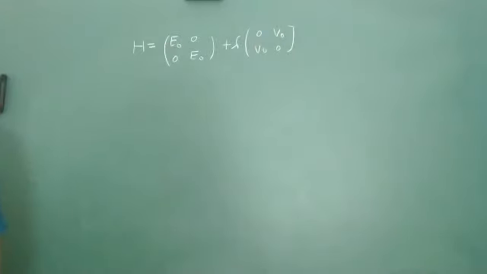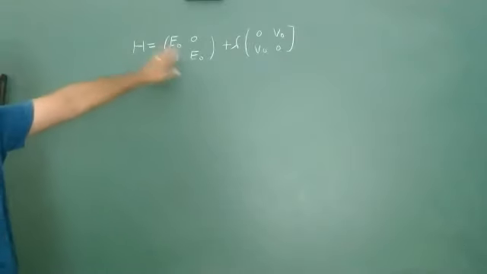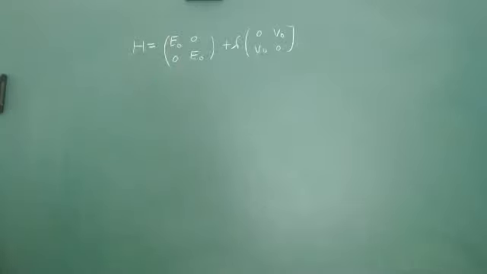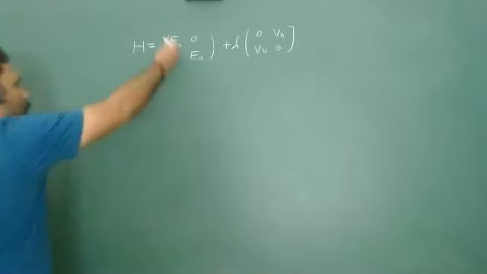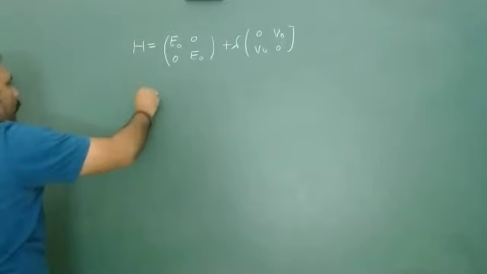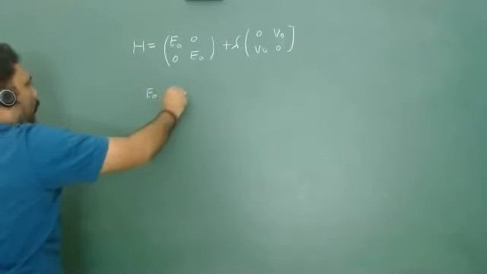Now what you have to do is, using degenerate perturbation theory, find the eigenvalues after the perturbation. It's very simple. Now what are the eigenvalues here? E naught and E naught.